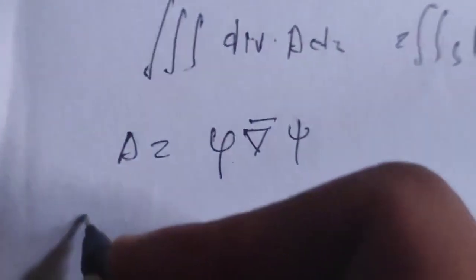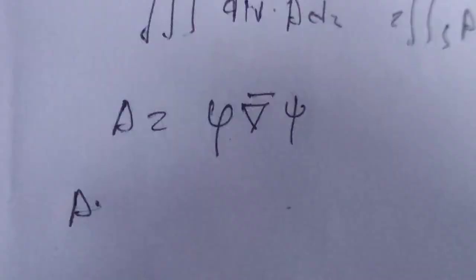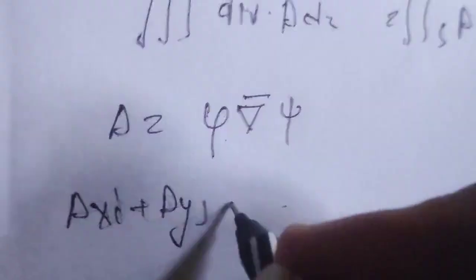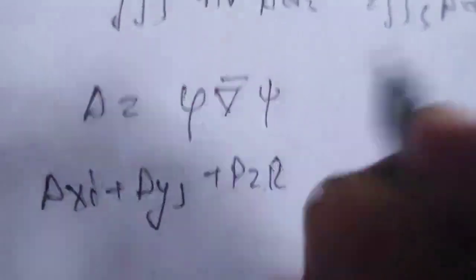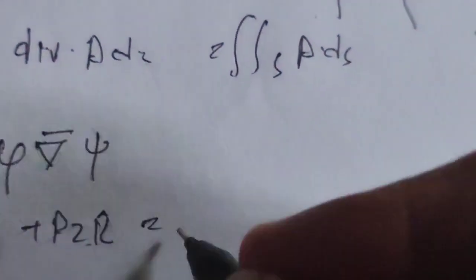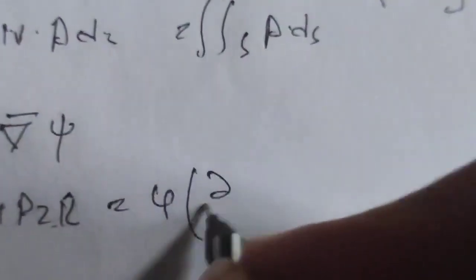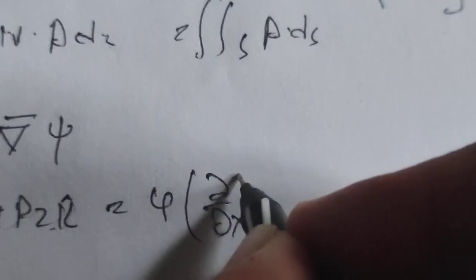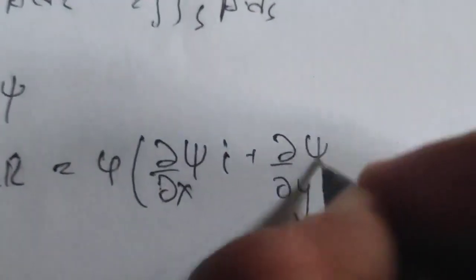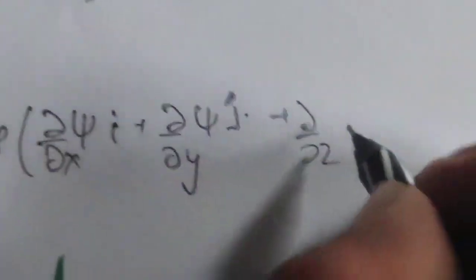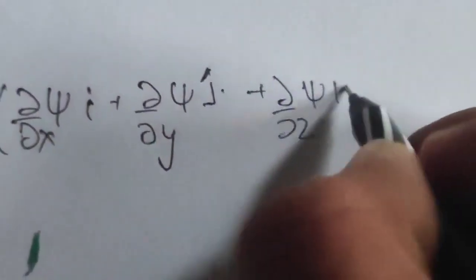If A is in component form, we say A x i cap plus A y j cap plus A z k cap. So it becomes phi del psi by del x i cap plus phi del psi by del y j cap plus phi del psi by del z k cap.